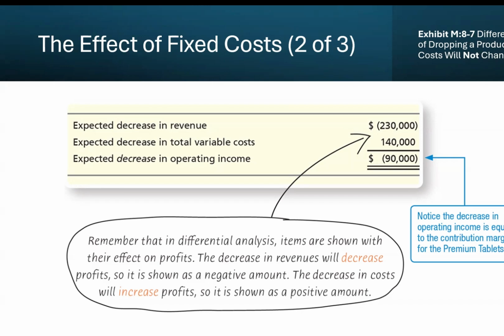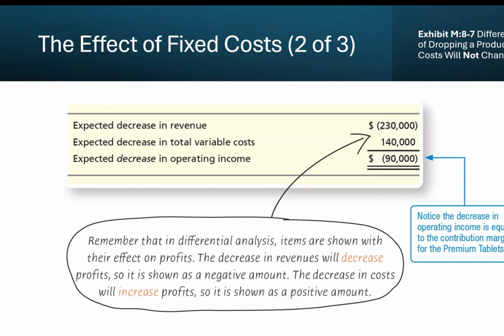Assume that all of Smart Touch Learning's total fixed costs of $321,000 will persist even if the company discontinues the premium tablet. Also assume that Smart Touch Learning manufactures the premium tablets in the same plant using the same machinery as they used with the standard tablets.